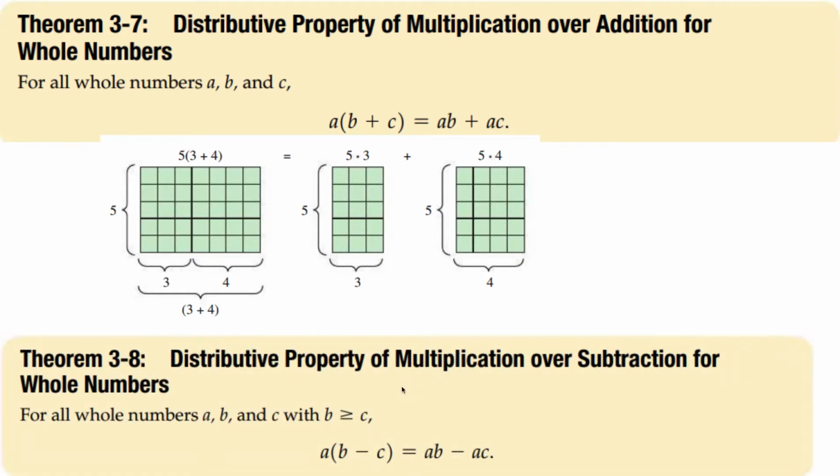Oh, we have one more, distributive property of multiplication over subtraction. It's the same thing as addition. You are distributing A to B and C, and similarly, you can do A times B minus A times C. That's distributive property. If you go back the other way around, it's still distributive property.